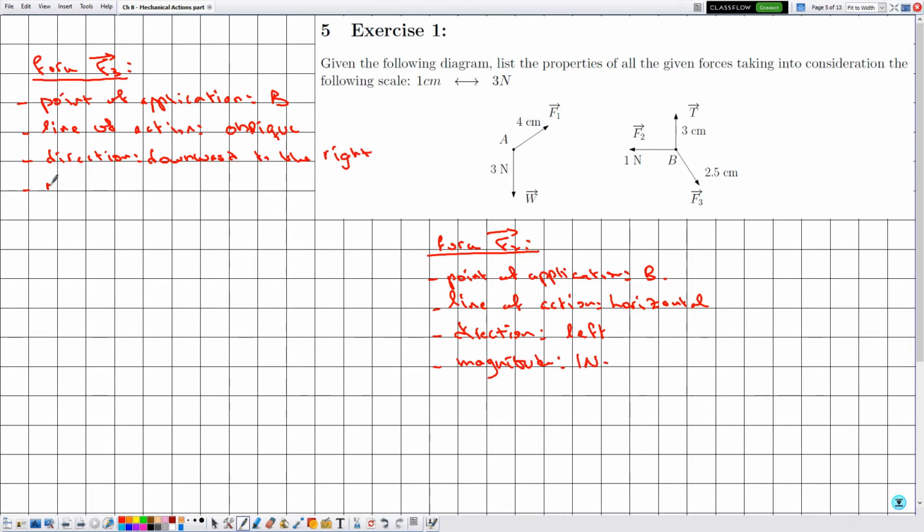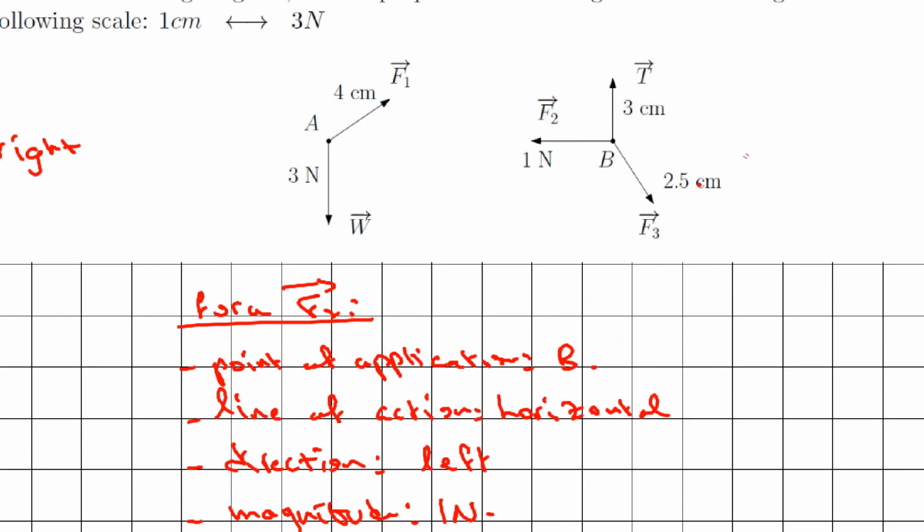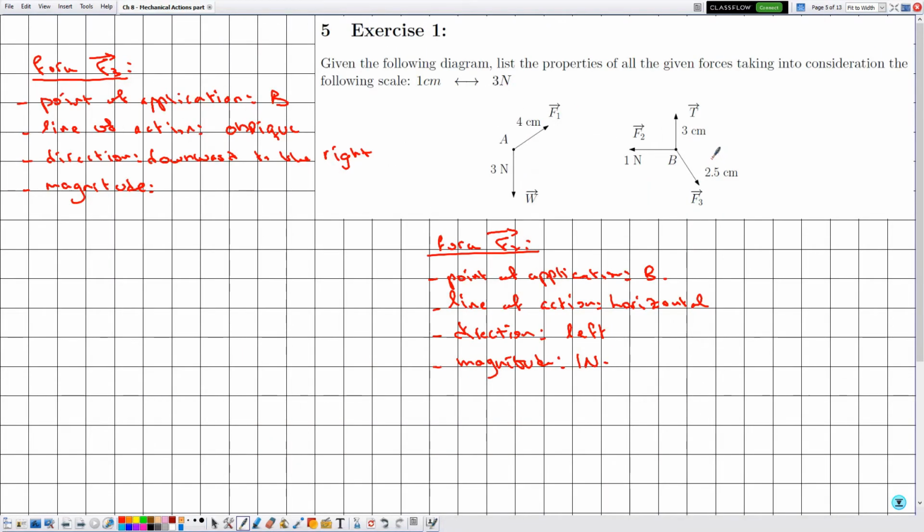And as for the magnitude, here we have the length of the vector, which is 2.5 centimeters. We are interested in the magnitude, which is expressed in newtons, and this is done by considering the connection, which is the scale. 2.5 centimeters is placed here, and here we leave an empty space.